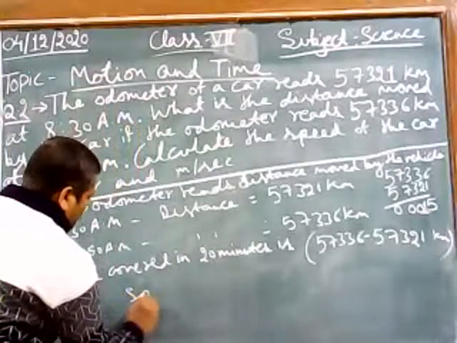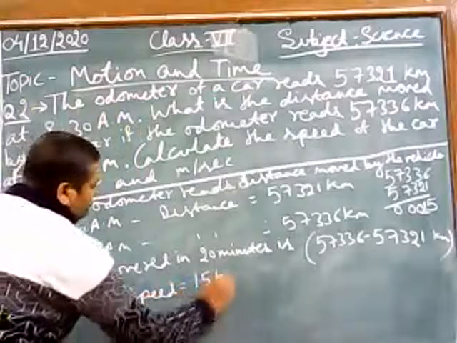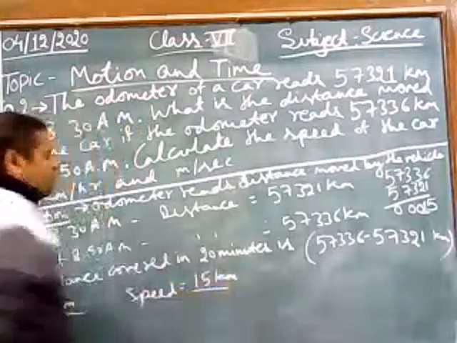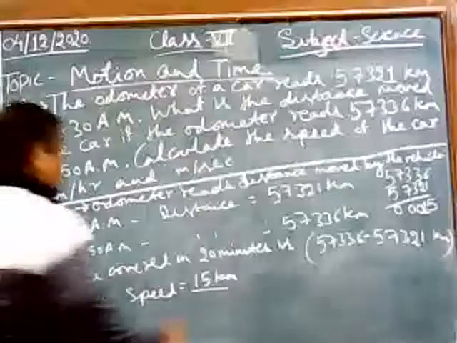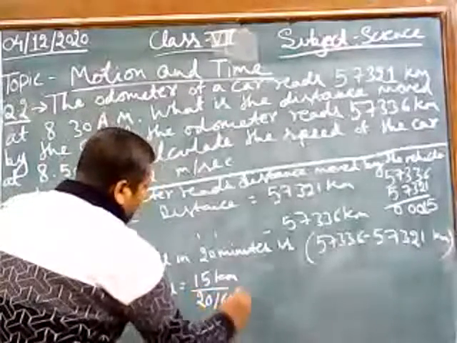So speed will be equal to 15 kilometers upon 20 upon 60 hour.